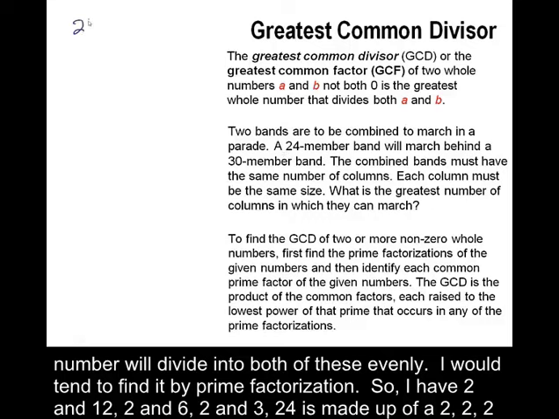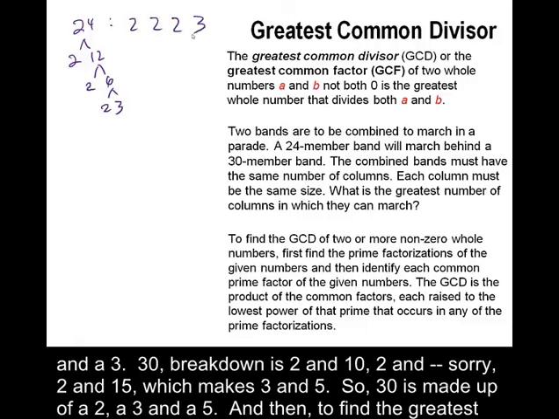I would tend to find it by prime factorization. So I have 2 and 12, 2 and 6, 2 and 3. 24 is made up of a 2, 2, 2, and a 3. 30 breaks down into 2 and 15, which makes 3 and 5.